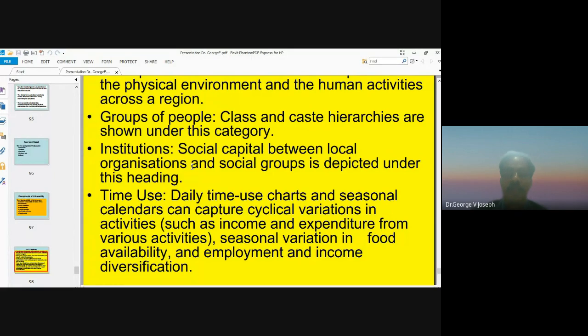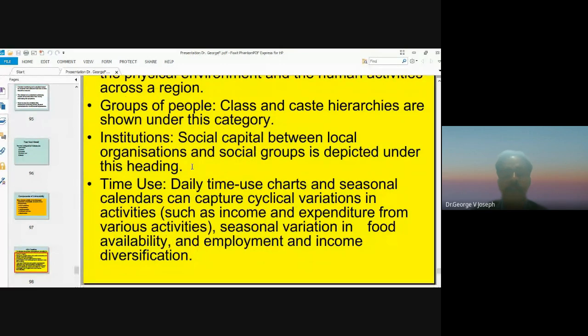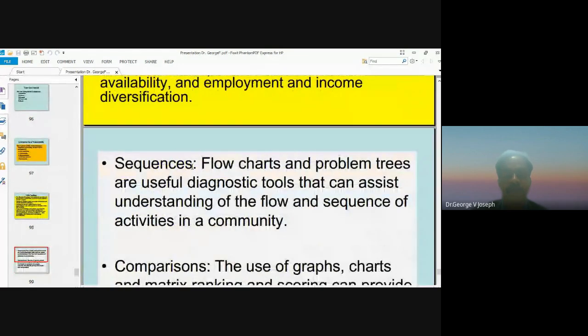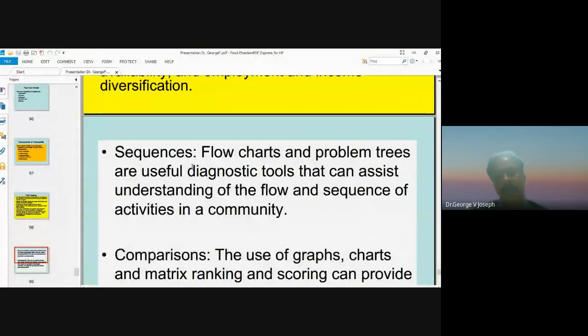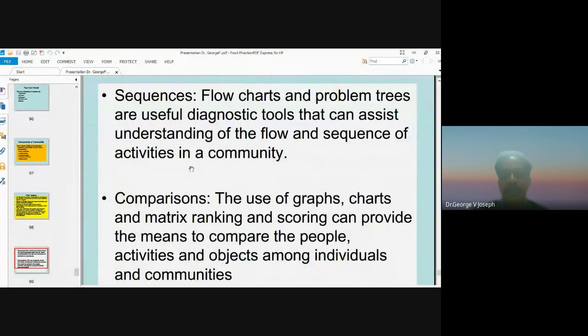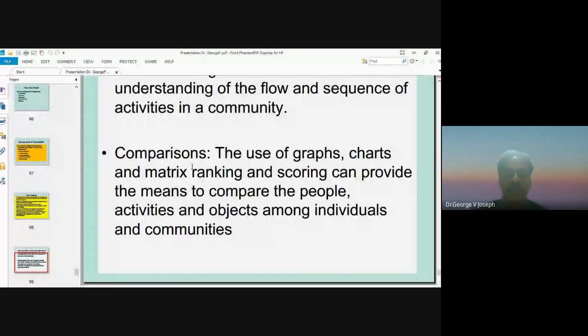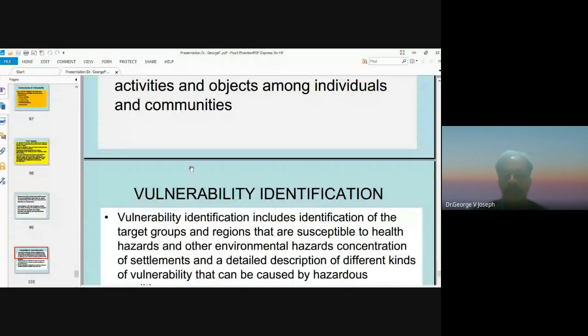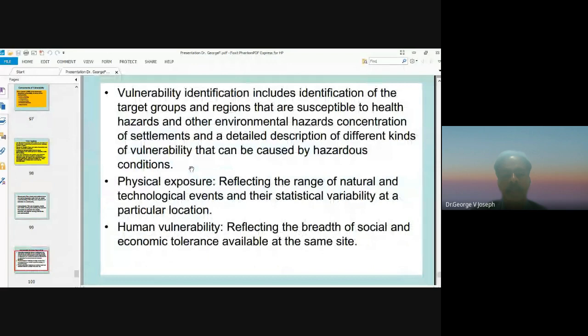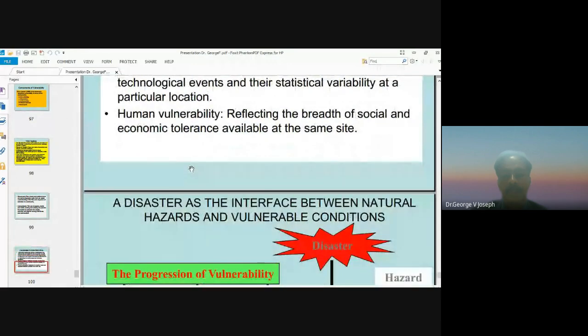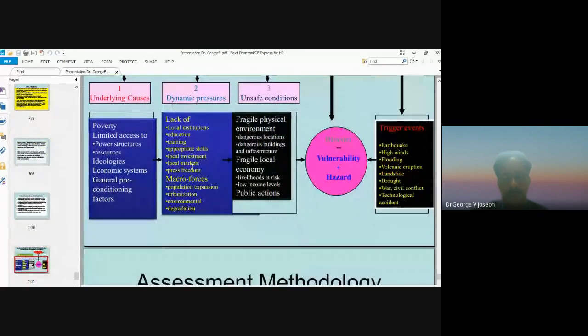You can understand after charting out various activities being carried out by different groups of people, and what is the time schedule. That will also give us an understanding as to what would be the vulnerability of that society if you do a sample study. And we can use flowcharts or comparisons of various groups, and with this we can have a proper assessment of vulnerabilities.